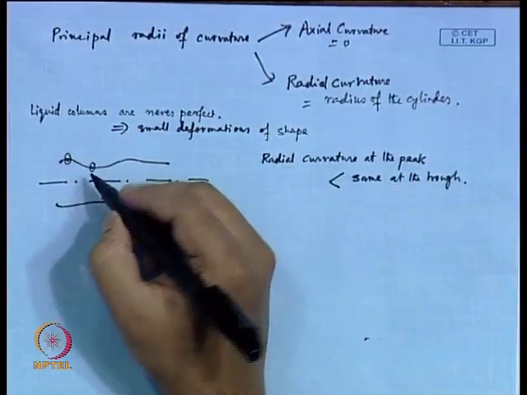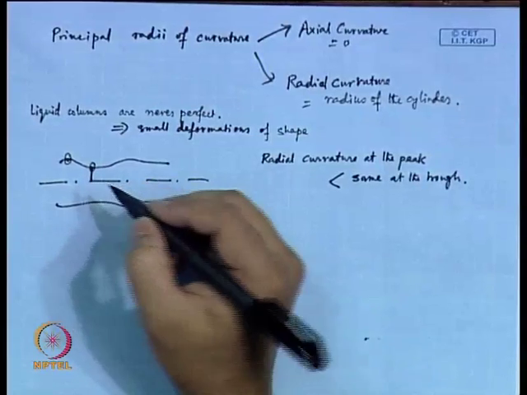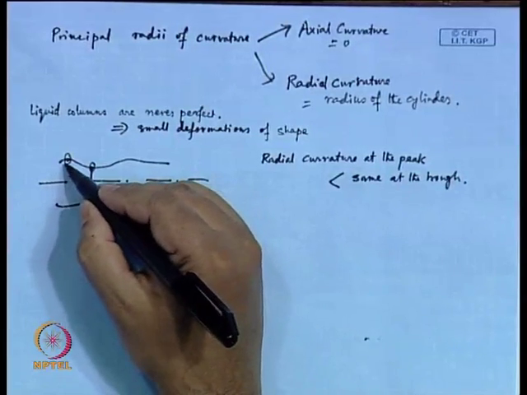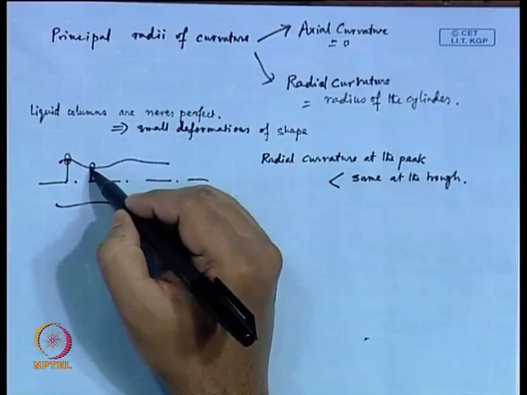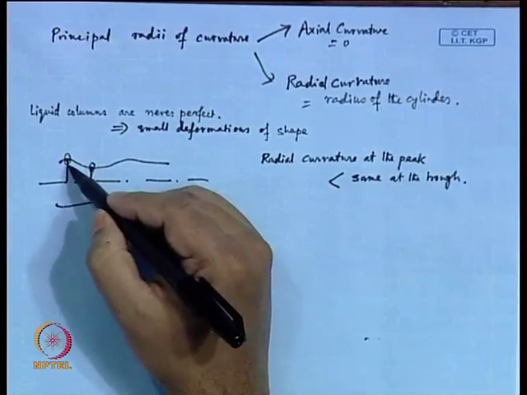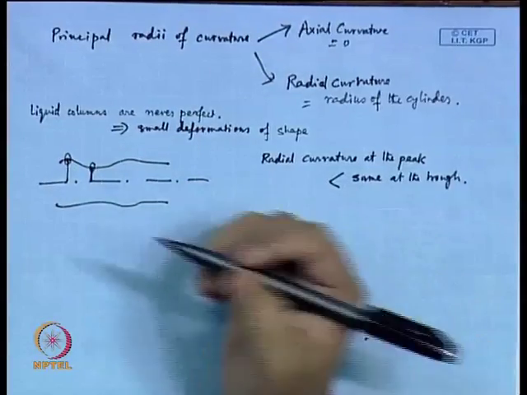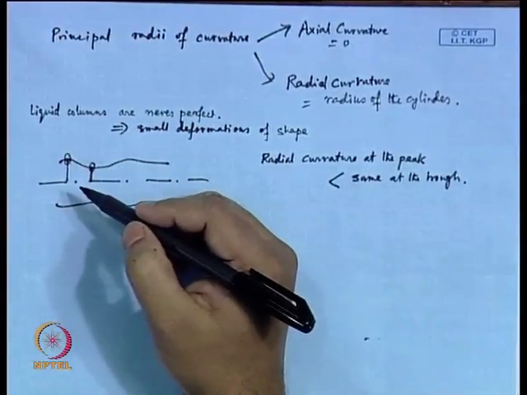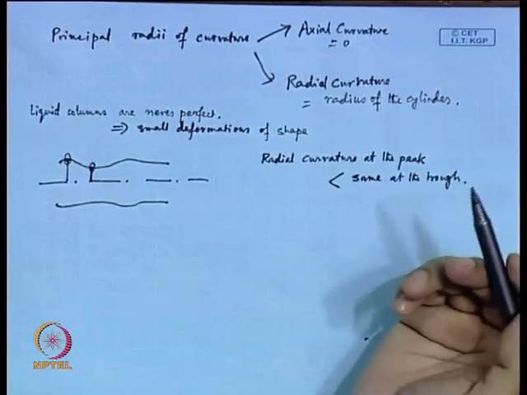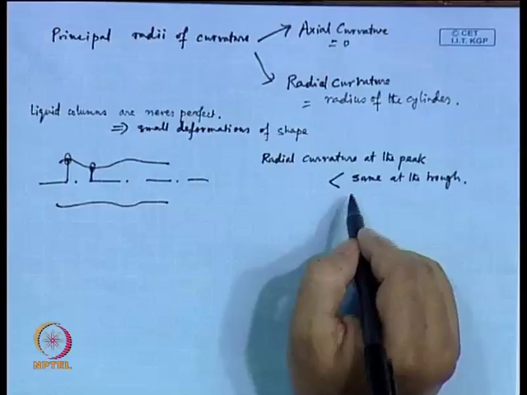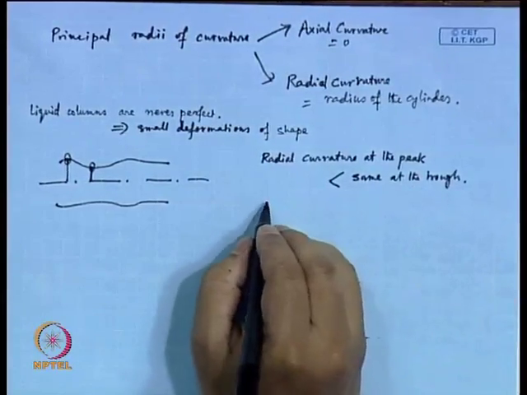Why is this possible? Because here the radial curvature means we are talking about this distance, and there it means this distance. Curvature is just the reciprocal of the radius of curvature. So, the radial curvature at the peak would be less than that at the trough.